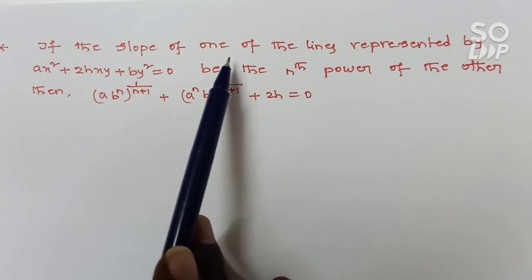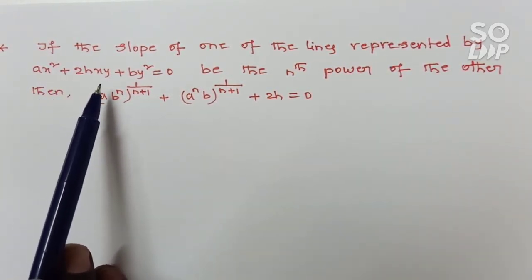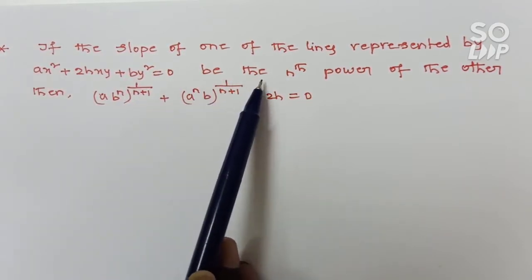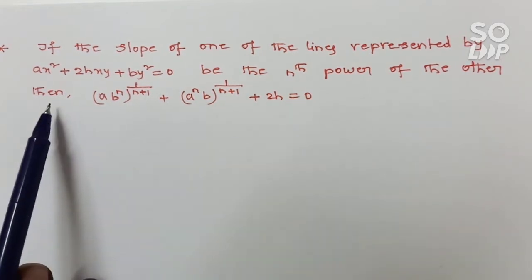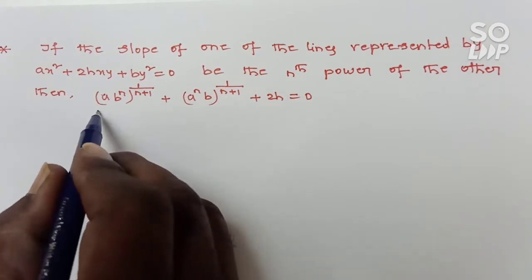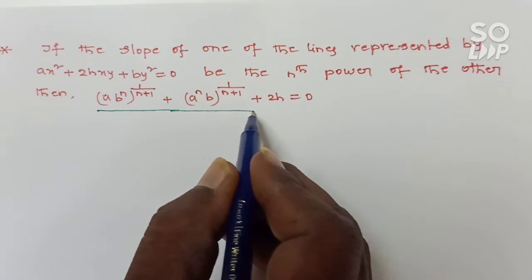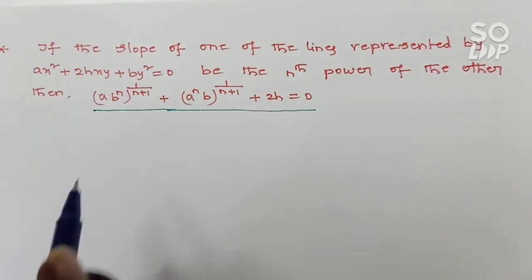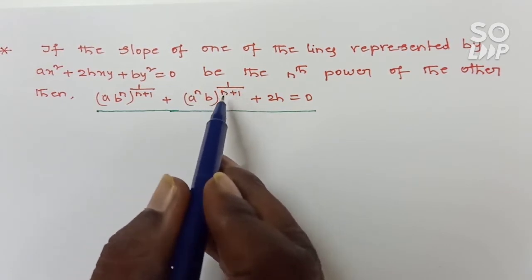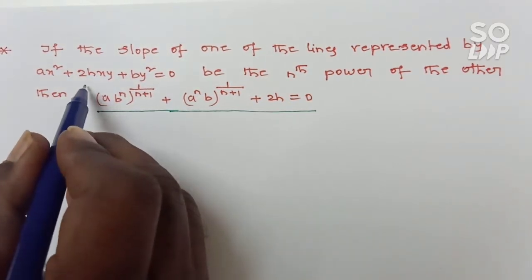If the slope of one of the lines represented by ax square plus 2hxy plus by square equals 0 is the nth power of the other, then we shall prove the result: (a into b to the power n) whole to the power of 1 by n plus 1, plus (a to the power n into b) whole to the power of 1 by n plus 1, plus 2h equals 0.